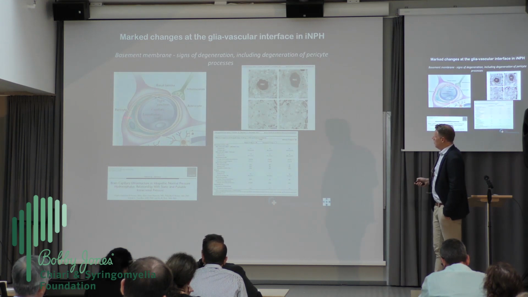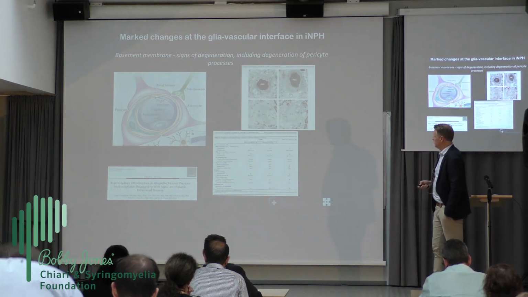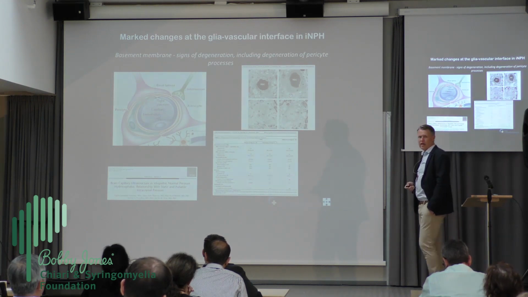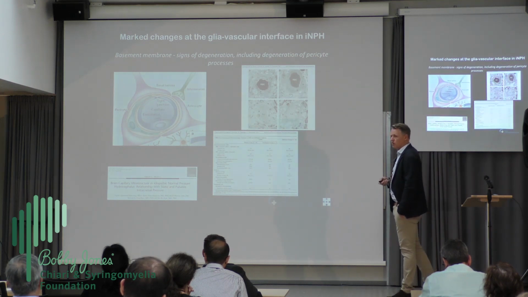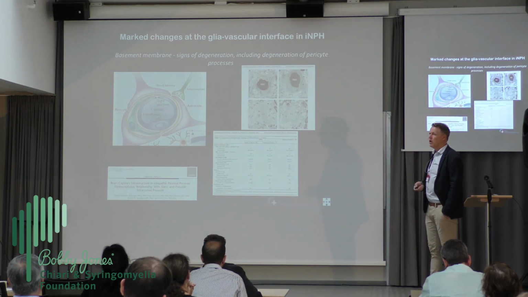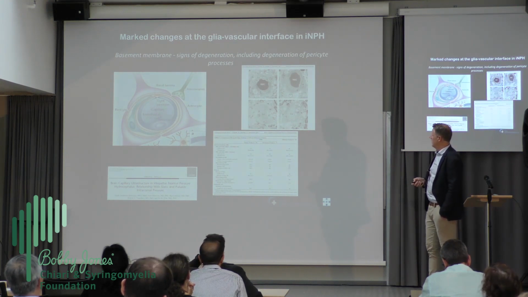The processes of the pericytes are degenerated in normal pressure hydrocephalus. So we think that understanding this area is very crucial to also understand this kind of disease, and for sure has relevance for dementia in general and Alzheimer's in particular.